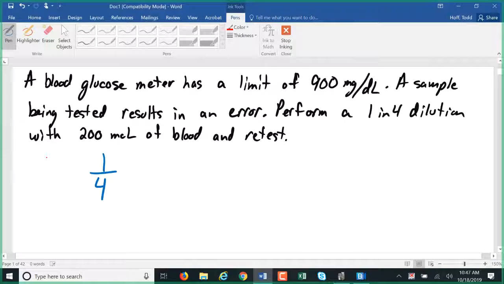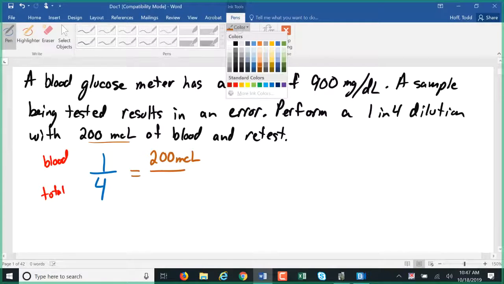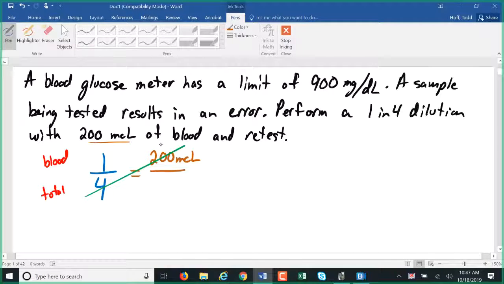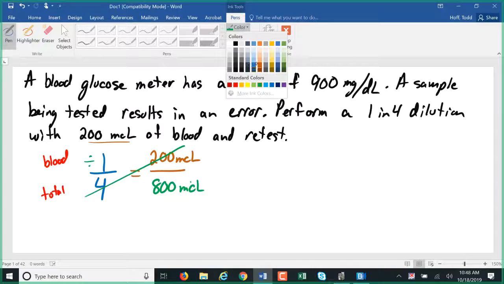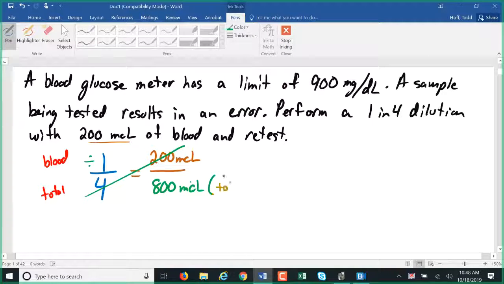Remember, 1 is the serum, in this case that's the blood, and the 4 is the total solution. On the other side of that, we know we have 200 microliters of blood. Cross multiply and divide: 4 times 200 divided by 1 is 800 microliters. But remember, that is total solution.